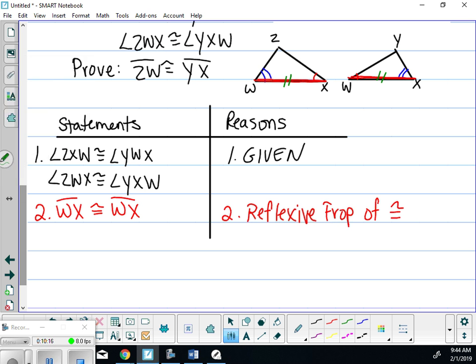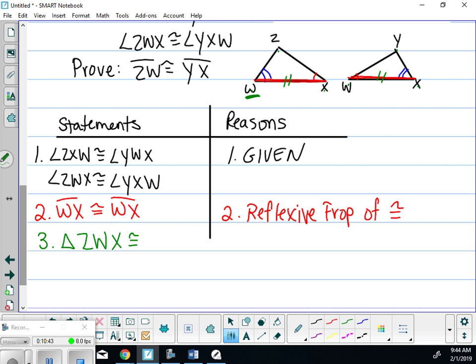So now we're going to say that the two triangles, so pick an order to do the first triangle letters in. So I'm going to do ZWX. So on the second triangle, since I went ZWX, I'm going to go YXW.